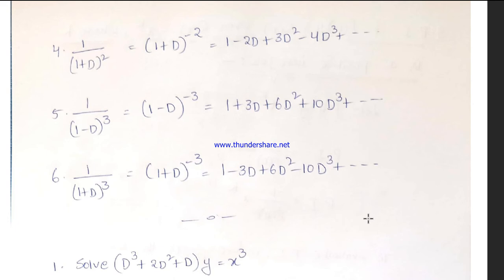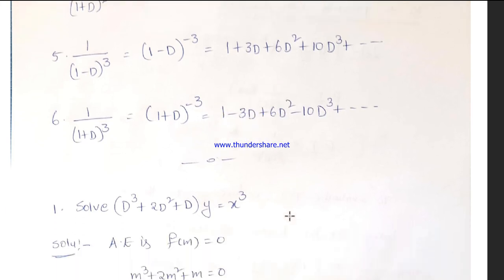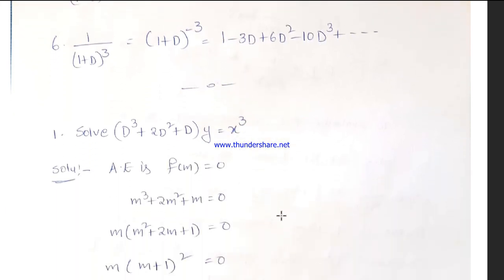So by using these important expansions, we can write the particular integral for the form of x power k. So first example is solve (D cube plus 2D square plus D) y is equal to x cube. So auxiliary equation is f of m is equal to 0.